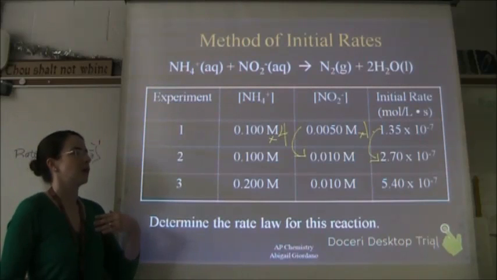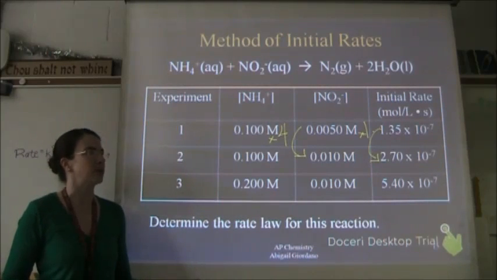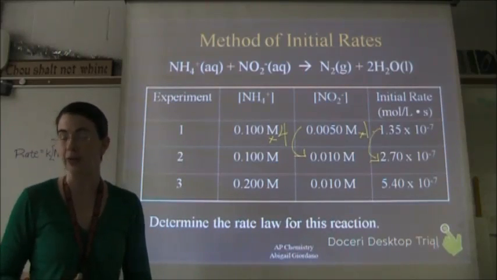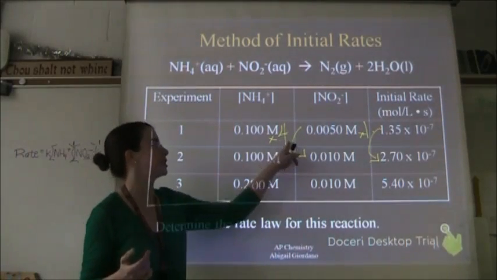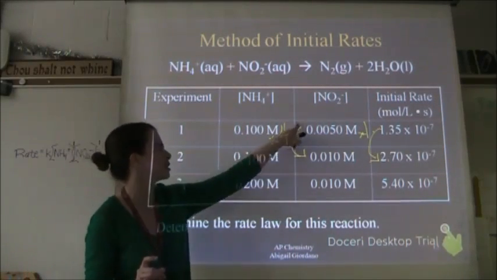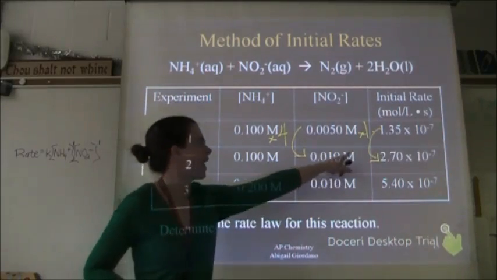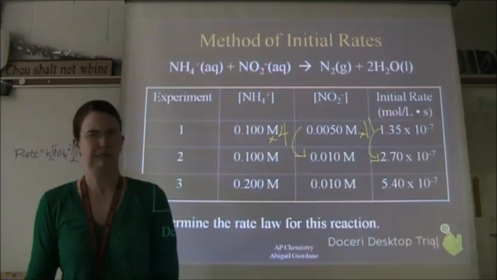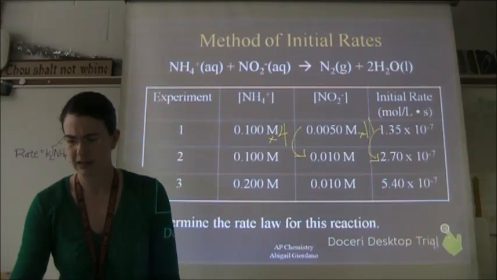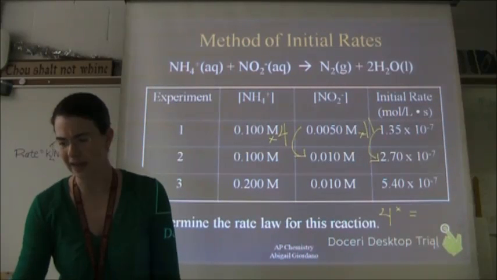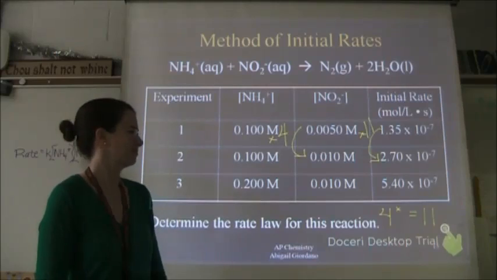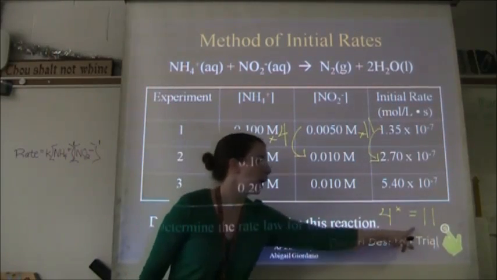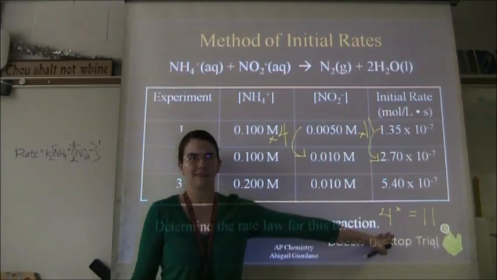Now, in the real world, do exponents that are not whole numbers exist? Yes, but you will not be presented with a problem like that. So let's say you come across a situation where this is multiplied by 4 and this is multiplied by 11. Yuck. 4 to the x equals 11. It's not that that doesn't exist in the real world, but you're not going to have problems like that. Okay?